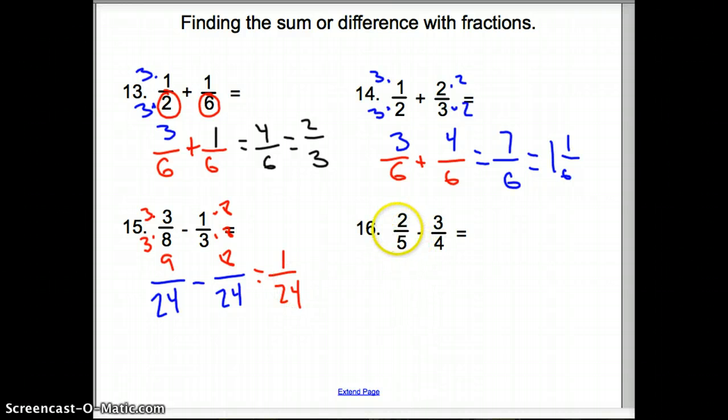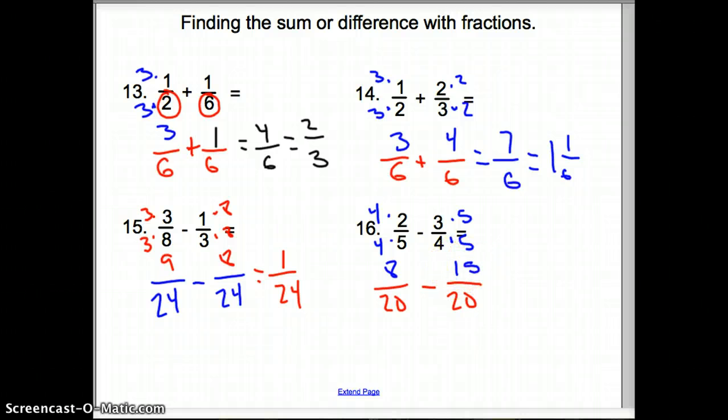And the last one, I have a 5 and a 4. What's the common denominator? The common denominator is 20. So I change both denominators to 20. How did I get that 5 to 20? I had to take that times 4. What you do to the bottom, you have to do to the top. 4 times 2 is 8. What did you do to the 4 to become 20? I took it times 5. So the same thing to the top.